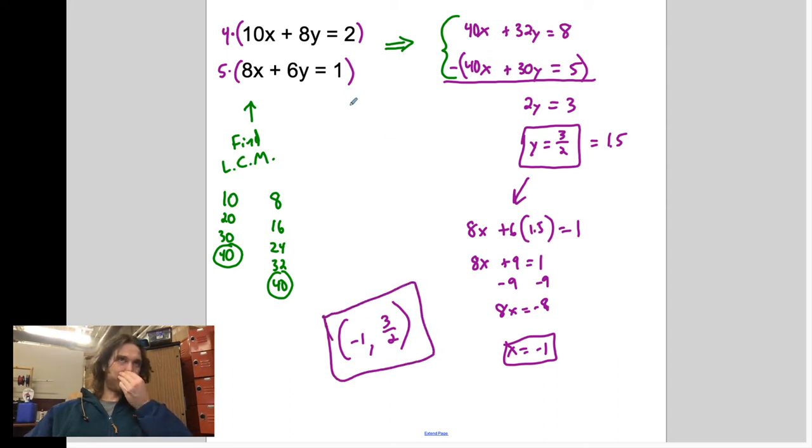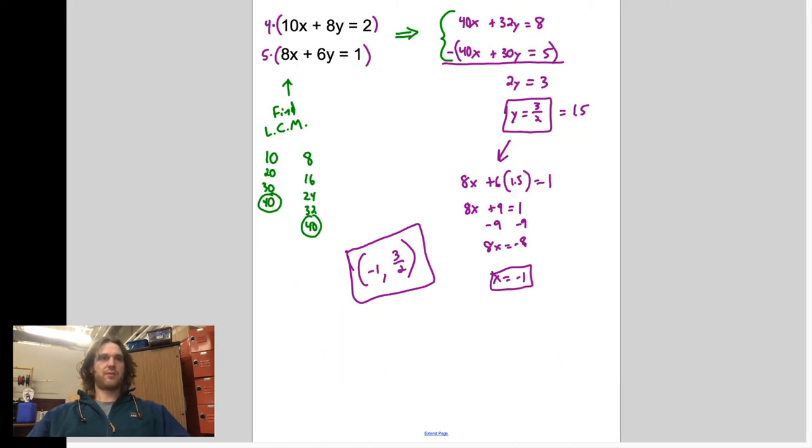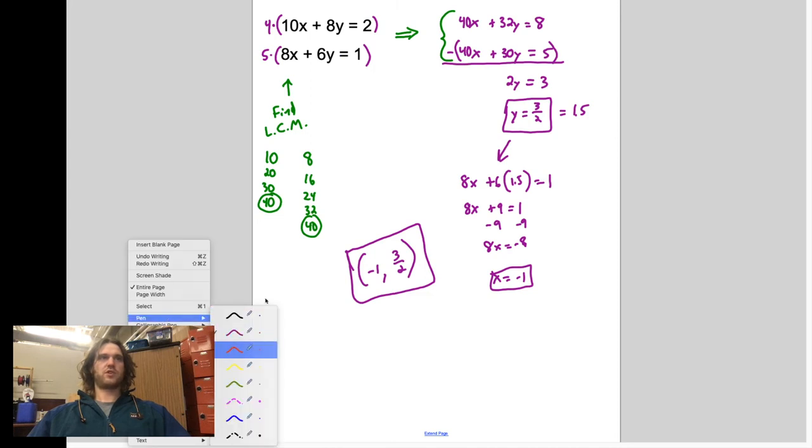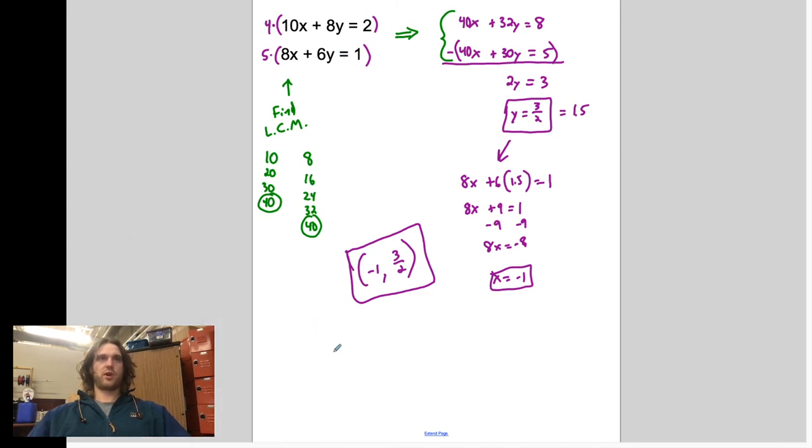Now, let's think for a second about what this would look like with substitution. If you're like, I'd rather use substitution, well, it's really pretty ugly. So you would have to get 8x to the other side. Let's say we want to solve for y in the bottom equation. You'd end up with y equals negative 8x plus 1. Okay, this is why elimination is better.